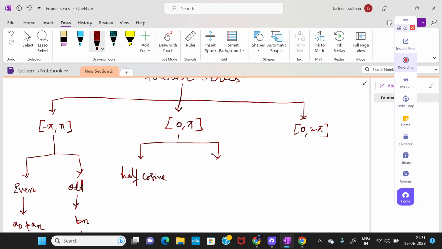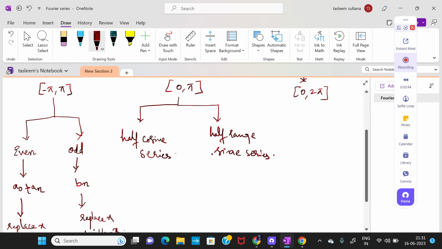They will mention whether you have to find the half range cosine series or the half range sine series. Then you find a naught and an here, and only bn here.